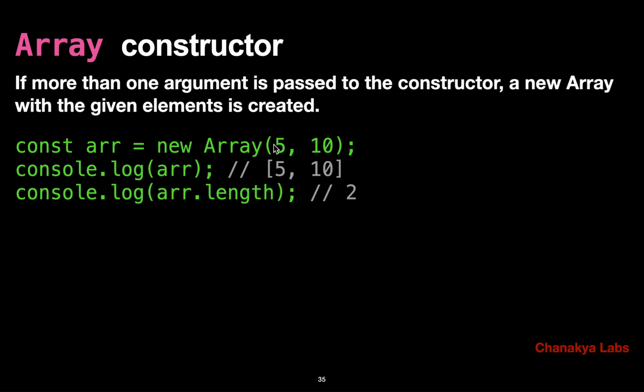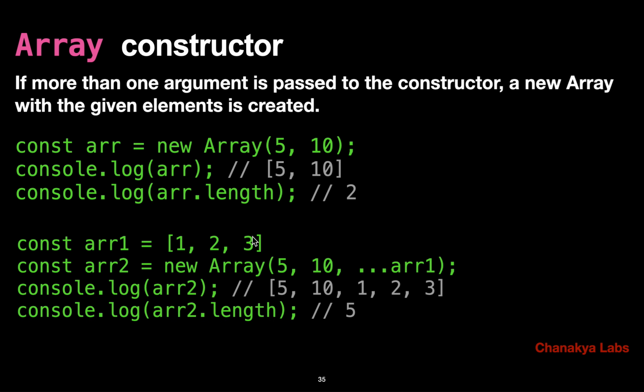If you pass multiple items, then it creates an array with all the items which you have given. So 5, 10 creates a new array of length 2 because you have given 2 arguments. This is confusing, so you have to remember that if you pass 2 arguments the behavior is different, and if you pass 1 argument it is a completely different behavior. But that is how it has been right from the beginning.